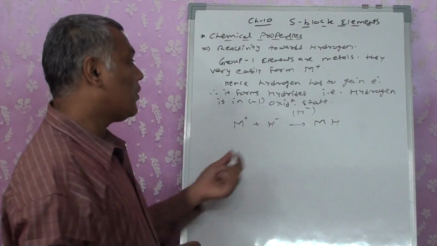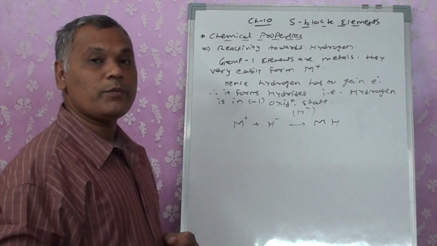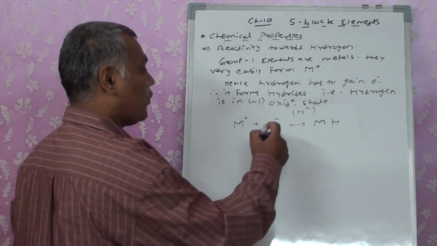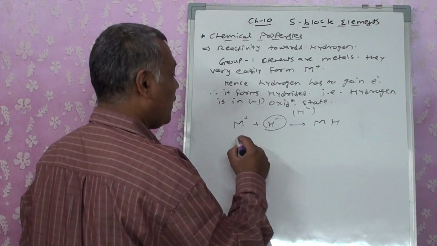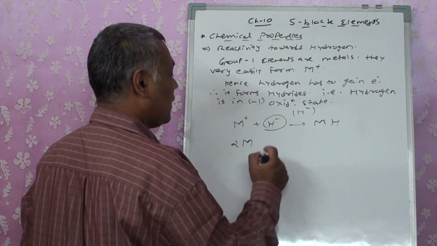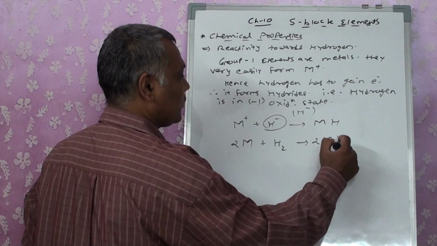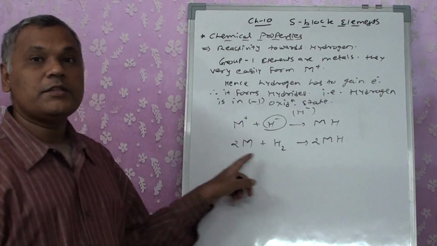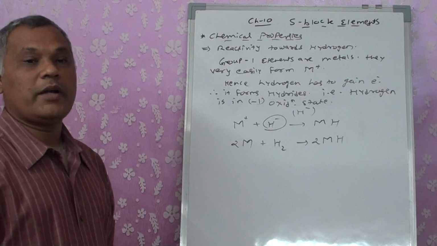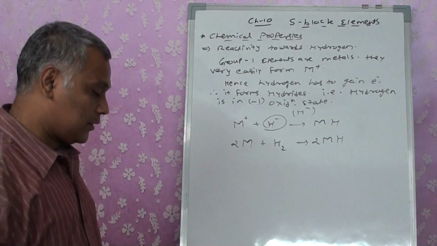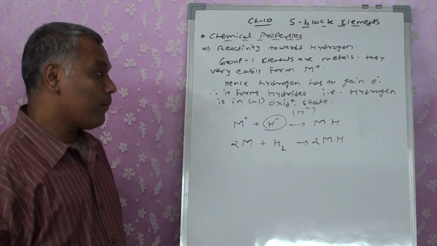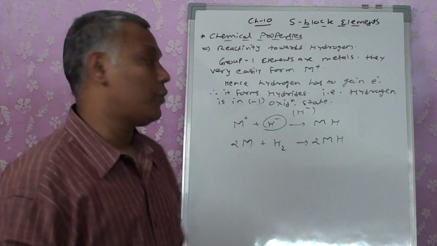But particularly we know that hydrogen, when we get it from the atmosphere, comes in the form of H2. So the general reaction is 2M + H2 gives 2MH, right? In this general format, they form metal hydrides, and these are solid compounds.